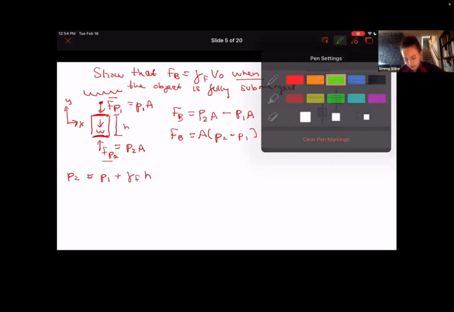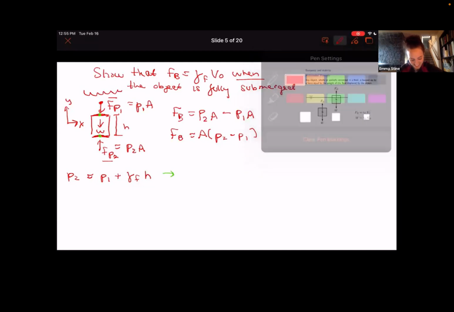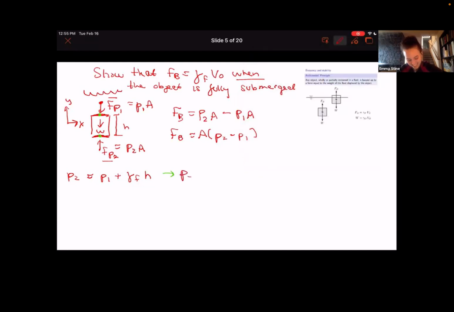So this makes sense, because if we were at this pressure and we wanted to get to the pressure at point 2, we would add height times gamma, because pressure increases with depth proportionally to gamma. So we have that equation. Okay, and this can turn into pressure 2 minus pressure 1 equals specific weight of fluid times H.